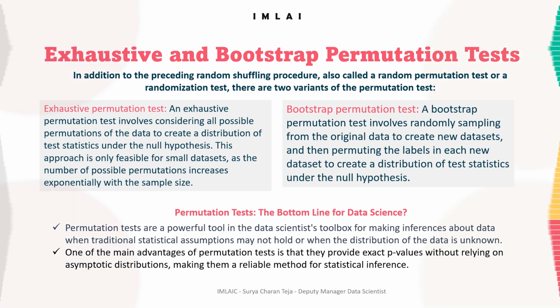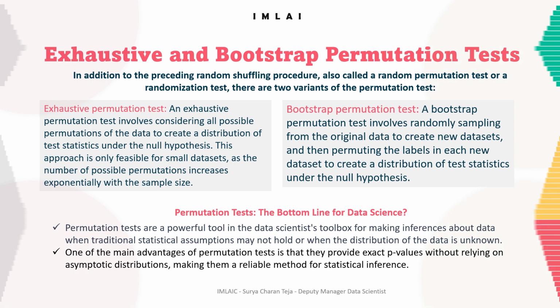However, permutation tests can be computationally intensive and may require a large number of permutations to achieve sufficient power, particularly for small sample sizes. Additionally, the choice of test statistic and permutation strategy can impact the results of the test, requiring careful consideration and attention to the research question at hand.